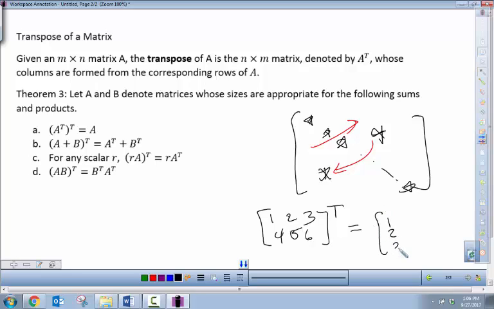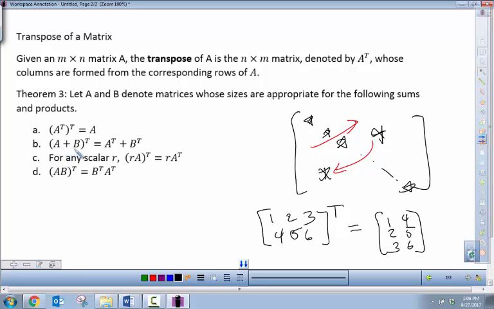So 1, 2, 3, 4, 5, 6. Okay? So that's the transpose. And the transpose of a transpose will get you back to the original matrix. That kind of makes sense, right? You take the transpose of 1, 4, 2, 5, 3, 6, and then you switch rows and columns and go back to 1, 2, 3, 4, 5, 6.